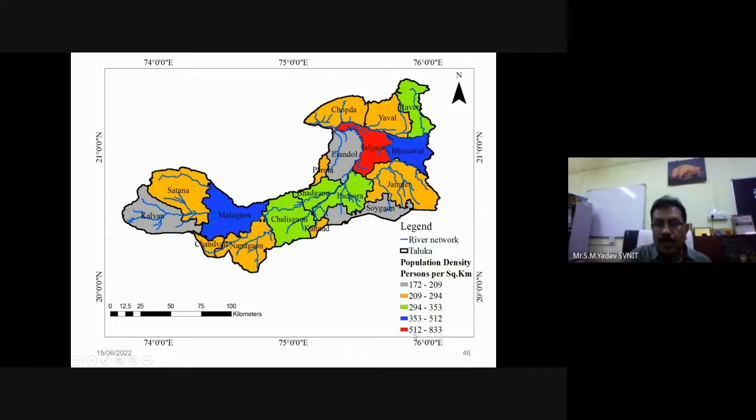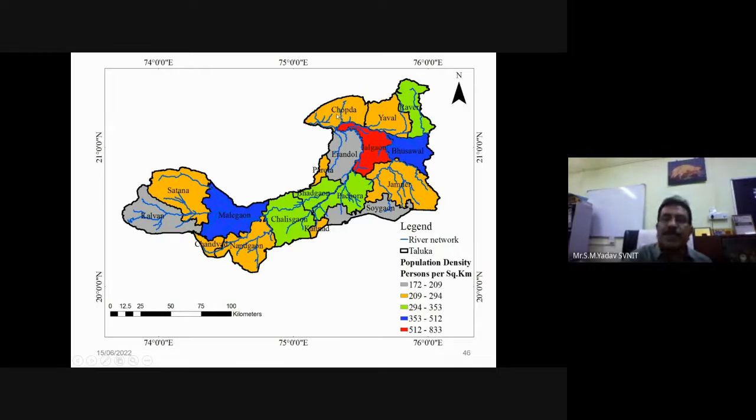If you have the population of Jalgaon, which is 512 to 833, there you have given rating 5. So when you want to work out FVI, because these are the parameters of FVI, you will do 5 into the weight of population density for Jalgaon. So for the entire area, somewhere here it will be 1, here it will be 2: Satna will be 1, Kelvan will be 2, Malegaon may be 3, Chalisgaon may be 4, Chopra may be 5. So depending upon the population density, the rating will change.